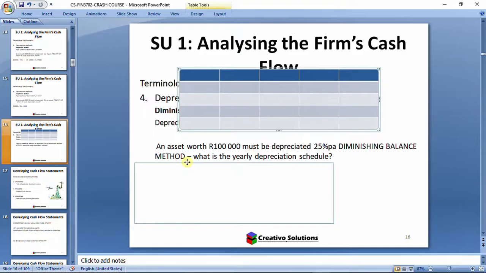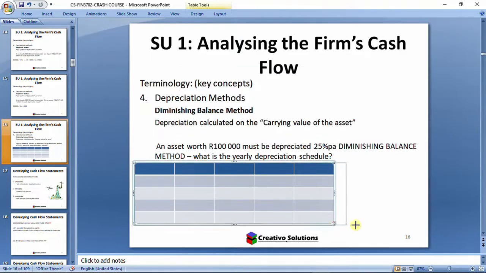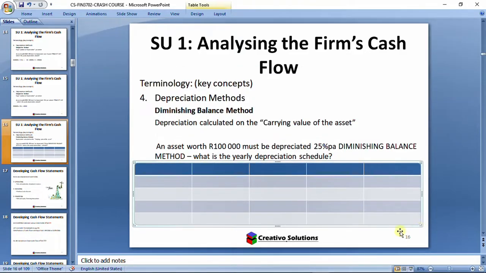So we draw up a little table. The table looks like this. There's 5 columns in the table. In the first column, you've just got the year, or the time, the period. Second column is the costs. Then you've got depreciation. And then you've got accumulated depreciation.